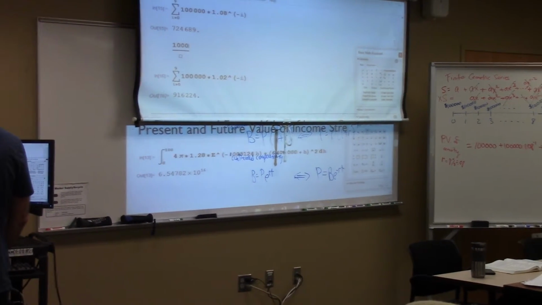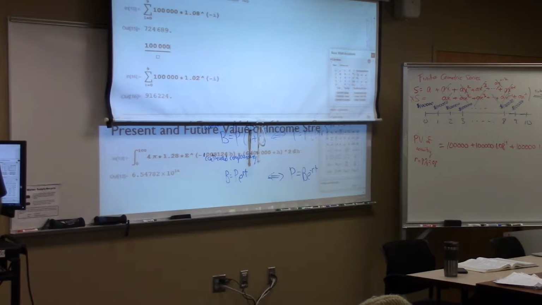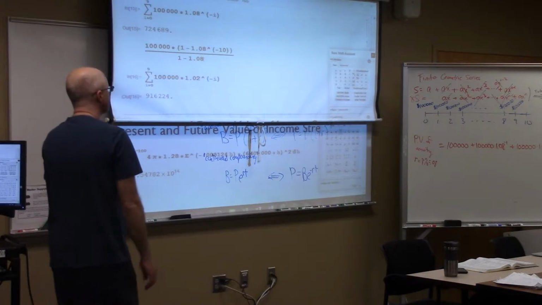So A is 100,000. X is 1.08 to the negative 1 power. When I raise that to the negative n power on top, n is 10. I have 10 payments. So this is a negative 10 power here. And on the bottom, I have 1 minus 1.08. 1 minus x.